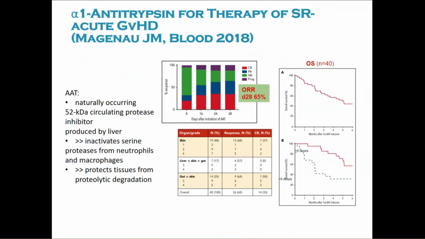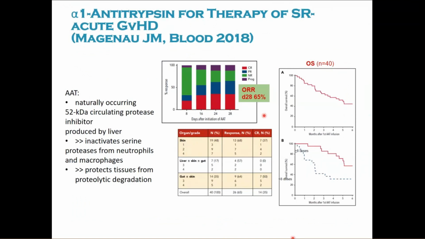Alpha-1 antitrypsin is another treatment possibility for steroid refractory disease. This study was published by Magenau in Blood 2018.